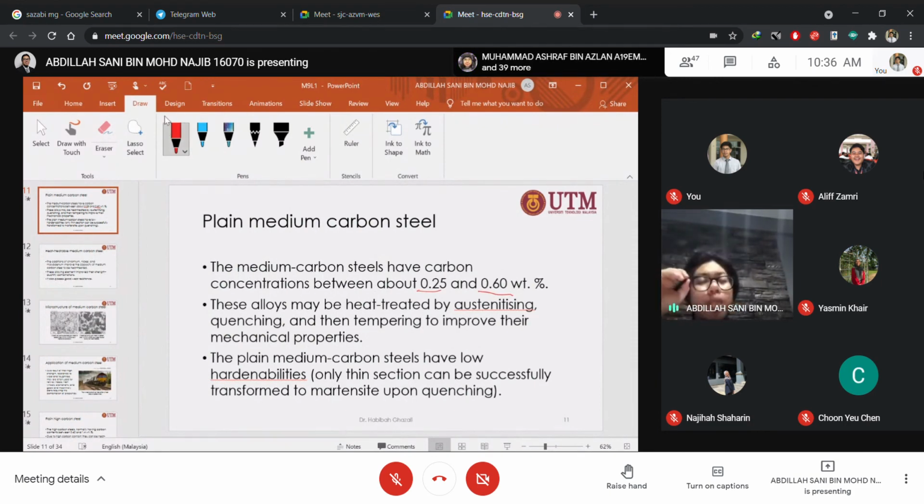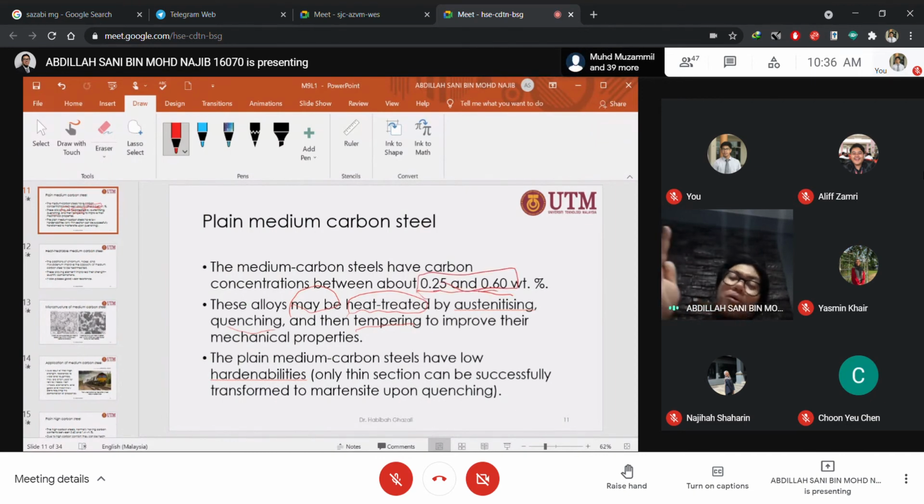So this alloy may be heat treatable by austenizing, quenching, and then tempering. So it means that it can form the martensite. And why do we say maybe? Because we have a range of carbon.